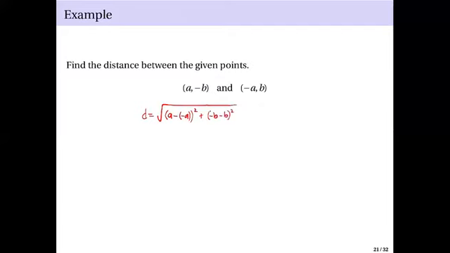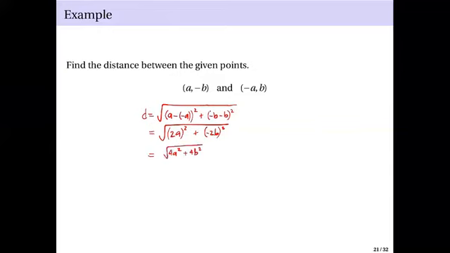So in here, what do we get? You have square root of 2a quantity squared plus here you will have negative 2b quantity squared, and you take the square root of this. So if we simplify this, we'll just have 4a squared plus 4b squared. You take the square root.